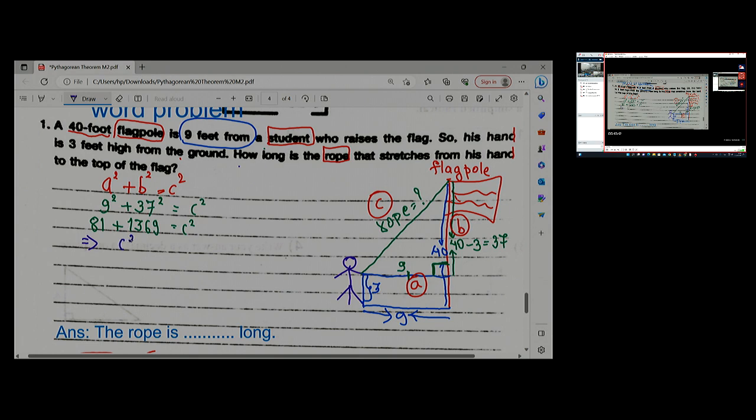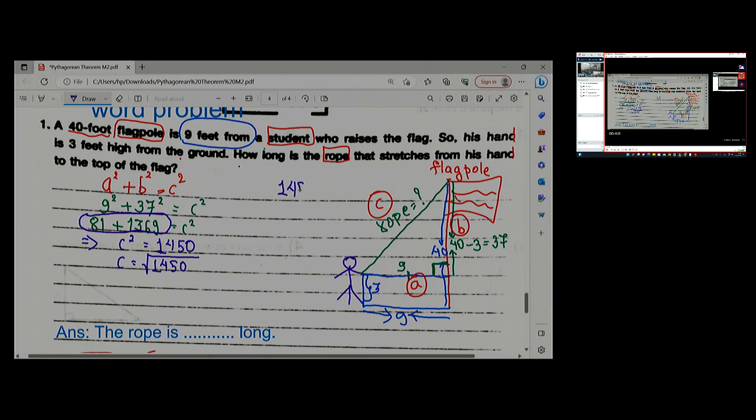Okay, so we can write C square is 1450, right? The sum of 81 and 1369 is 1450. Or we can write C is square root under 1450, right? Now last week we studied, if it is not a perfect square, what do we do?